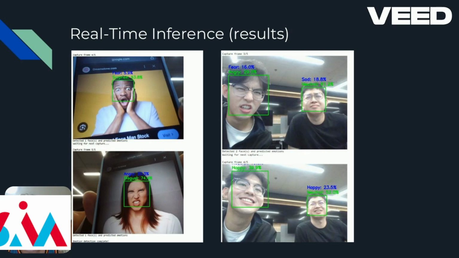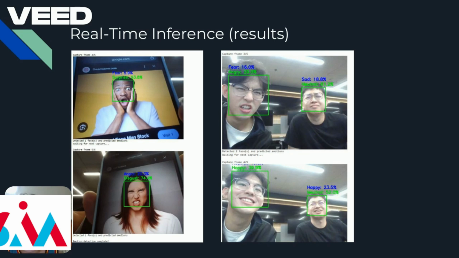And if you see over here, the bottom left image displays two emotions, angry and disgust, with disgust having a percentage score of 74.4, which shows that the model predicted this facial expression to be leaning more towards disgust rather than angry.